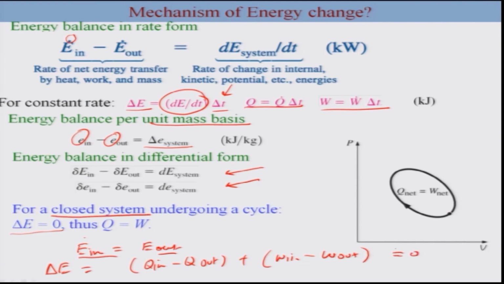When this is 0, which essentially means Q net in should be W net out, okay, because the minus sign, if you take the second term here to the other side, it brings minus, so this becomes Q net in equal to W net out, okay, that's why Q should be equal to W, okay. So that's for the closed and cyclic process.